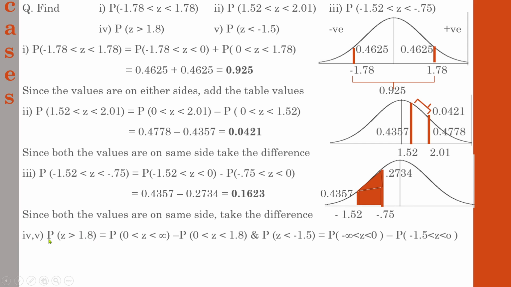See, probability that the z value is greater than 1.8. So there are no other values. That means whenever you are dealing with a single value against 0.5, because here the z value is 1.8, 1.8 means definitely it will be a value on the right side of the curve, and there are no other values.